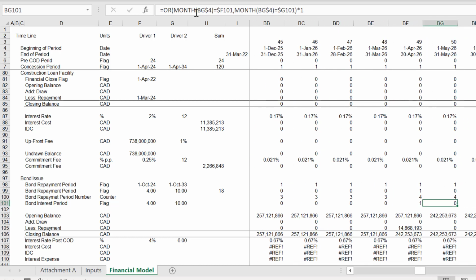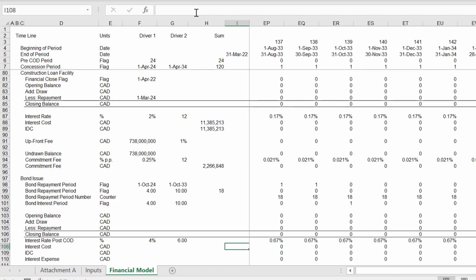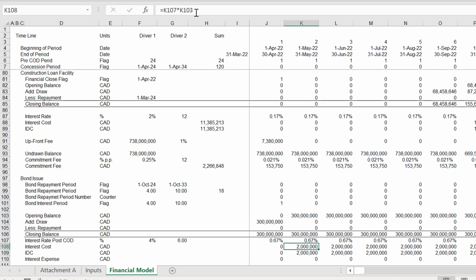Hopefully, yeah. And so don't worry about our little refs. We put the 6-month interest rate times our opening balance, and we get this, and the interest cost we multiply by the interest period.